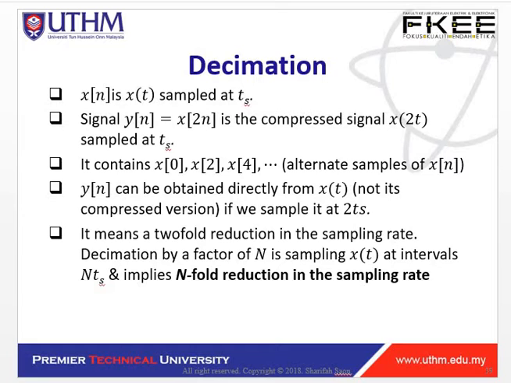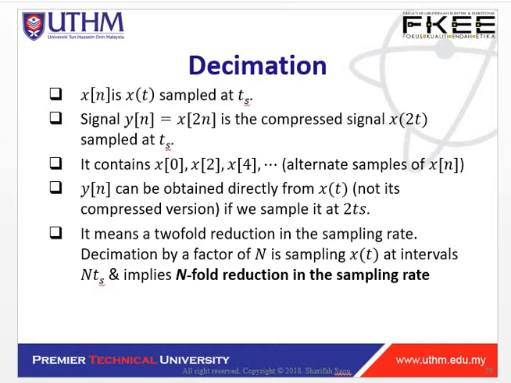For example, if you have the signal x[n] and y[n] is equal to x[2n], this is actually a compressed signal of x(2t), sampled at Ts.